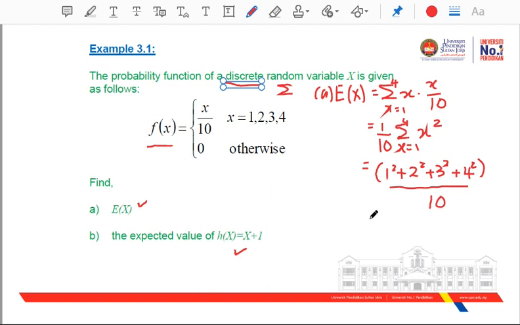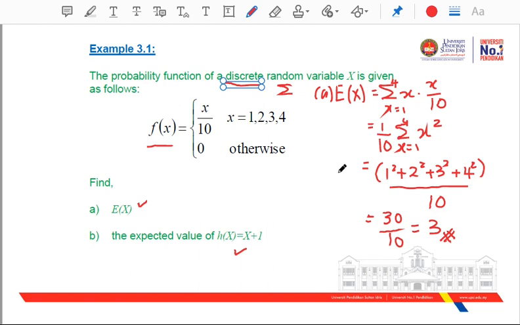Basically you just sum up 16 plus 9 plus 4 plus 1. So you get 30 over 10, which is equal to 3. So this is the mean, or the expected value, of the random variable X.